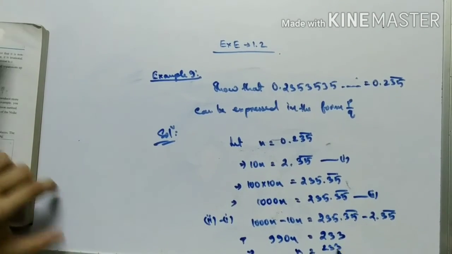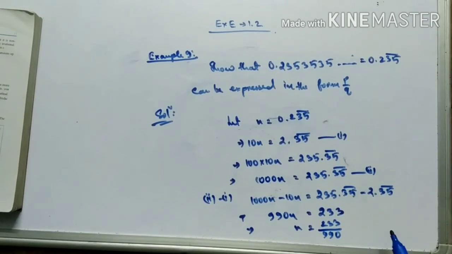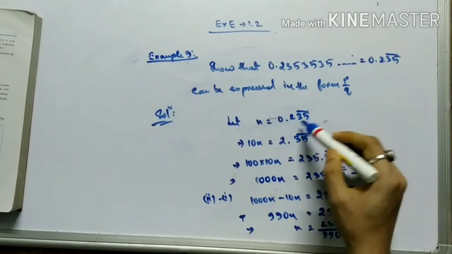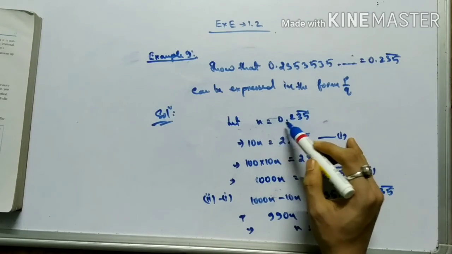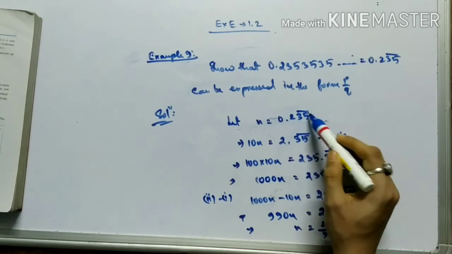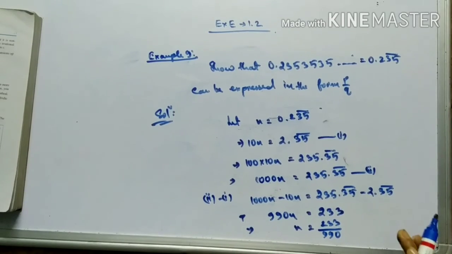So x equals 233 by 990. Therefore this number 0.235 bar, I wrote in the form of P by Q. Understand?